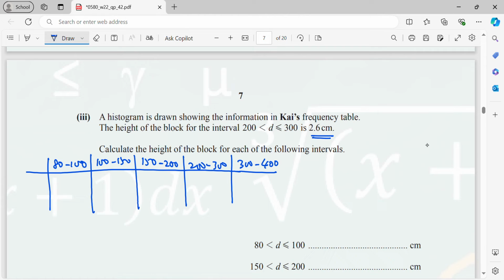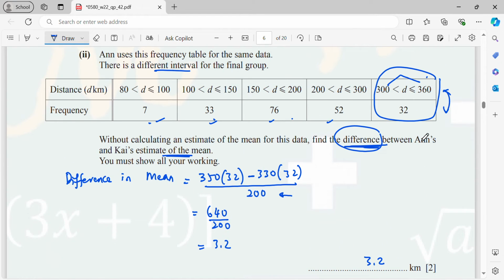Okay, then the frequency f. The height of the block in the histogram is basically depending on the frequency densities. So now for frequency I will just copy from the previous: 7, 33, 76 and so on.